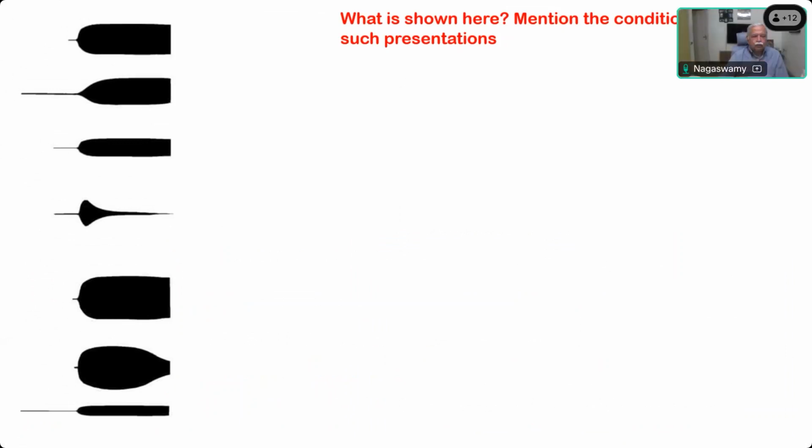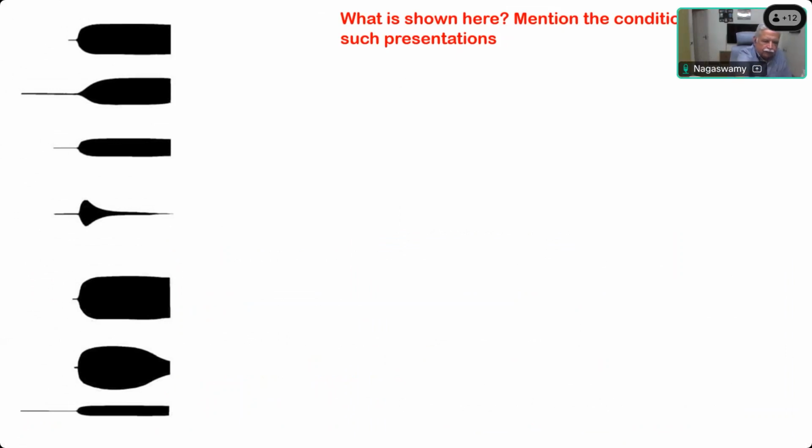Fourth one, early fibrinolysis. Fifth one, hypercoagulation. Sixth, decreased fibrinolysis, abnormal fibrinolysis. Initially this looks quite big, then it tapers down.